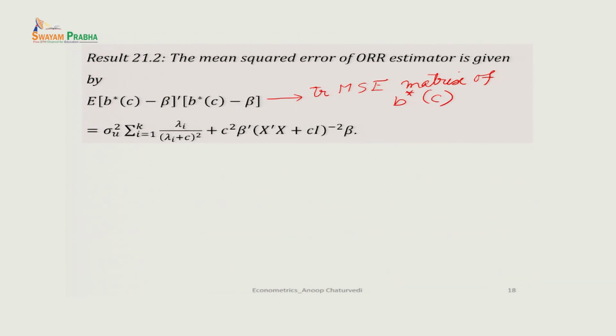The trace of the first term is equal to sigma square u, summation i equal to 1 to k, lambda i upon lambda i plus c square. And then you have the second term. The trace of the second term is c square beta transpose (X transpose X plus cI) to the power minus 2 beta. This result I am leaving for you as an exercise.